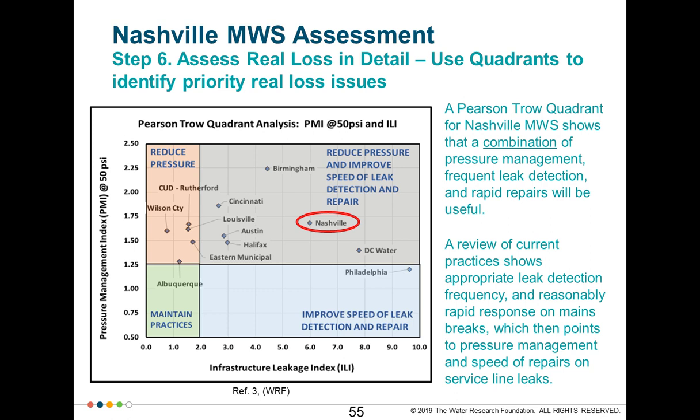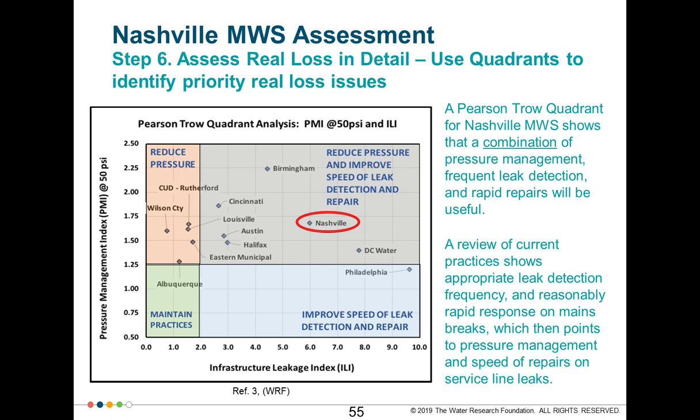Now, if you set aside the asset management element and look at the other three pillars, this is what's called the Pearson-Troe quadrant, wherein you have ILI on the x-axis and a measure called PMI, Pressure Management Index, on the y. Basically, the Pressure Management Index is an index above a reference pressure that you wouldn't want to go below, like 50 pounds. So if you're at 100, your PMI is 2.